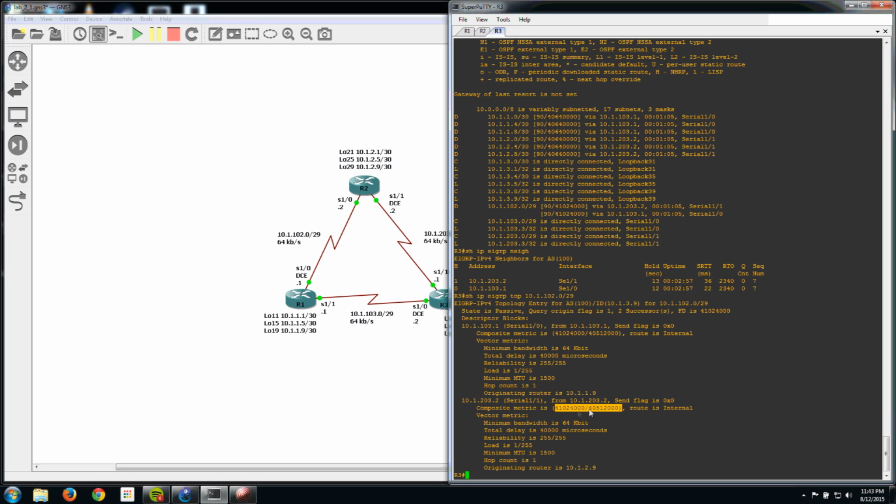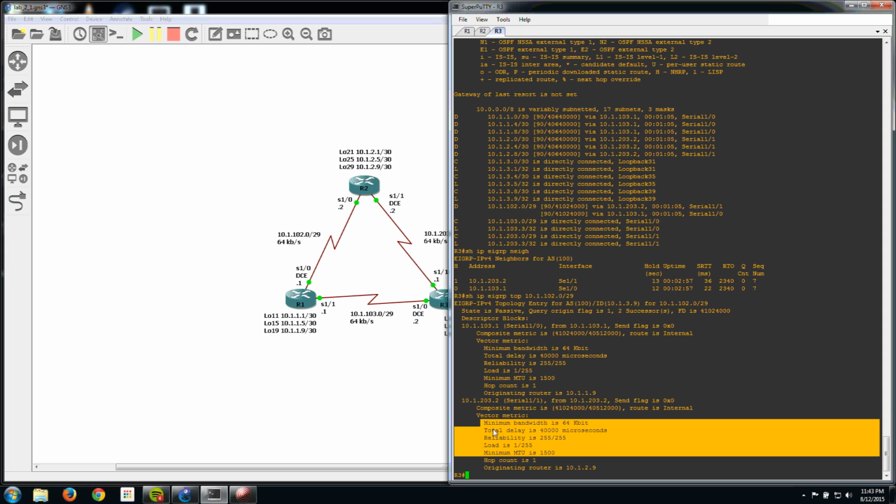But because all these are exactly the same, and here's our load, reliability, delay. These are all the things that we look at: bandwidth, delay, reliability, load, and MTU is our 5 tiebreakers here to figure out the route that EIGRP is going to take.